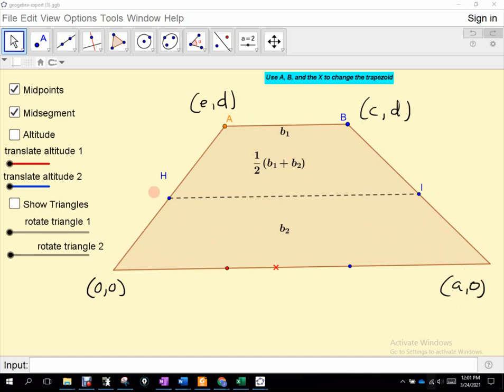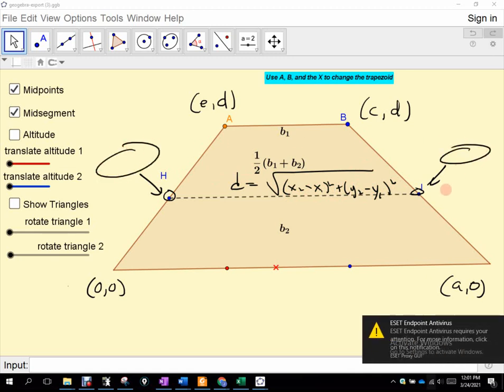What we can do is find that midpoint, which would be the average of these x's and the average of those y's. Then once I find those two midpoints, I can go through the distance formula, which will be the x2 minus x1 squared plus y2 minus y1 squared, with this new ordered pair and that ordered pair.